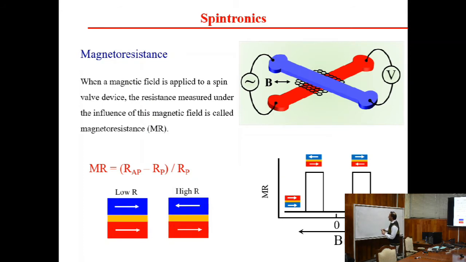If the spins of both the bottom and top electrodes are aligned in one direction, you will have the low resistance state. If one direction is opposite to the other, in that case you have a high resistance state. If your data is a 0 bit here, the data at that point will be a 1 bit here.